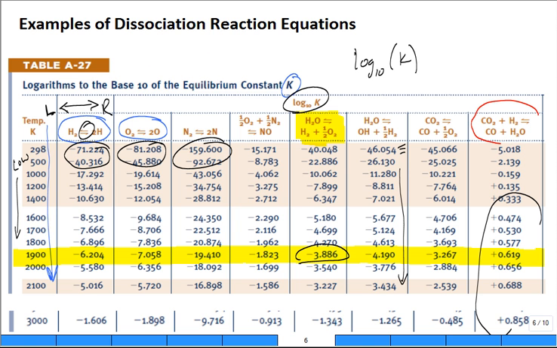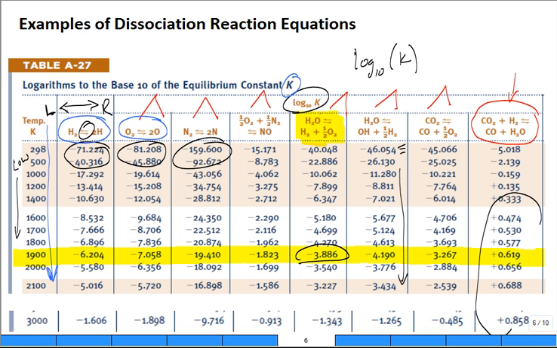This is the only one that has 4 players in it, isn't it? This has 3 players, 3 players, 3 players, 3 players, 2 players, 2 players, 2 players in it, right? But this one has 4 players in it, and it's the one we need. I'm glad because we only have one table of dissociation reaction equations or equilibrium constants.